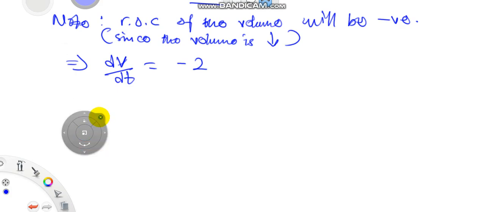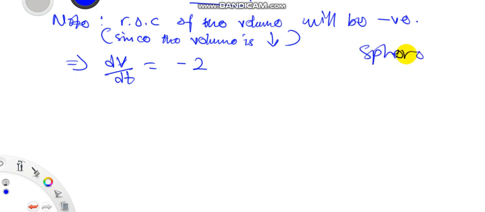Now, you have to know the formulae. The two key things we are looking for are the volume of a sphere and the surface area. The volume of a sphere is 4/3 pi r cubed.